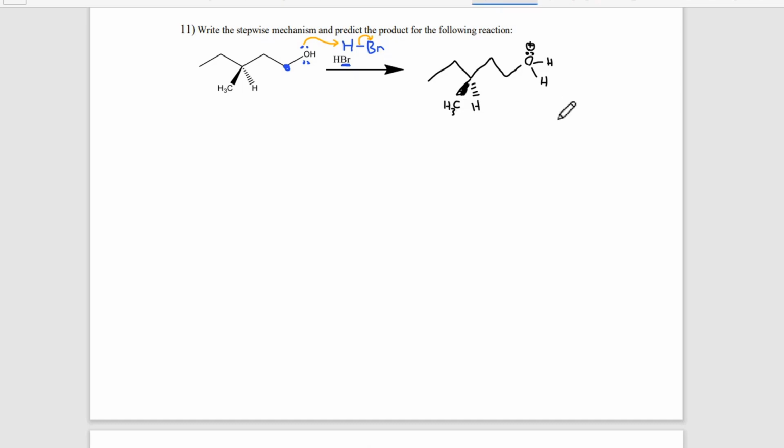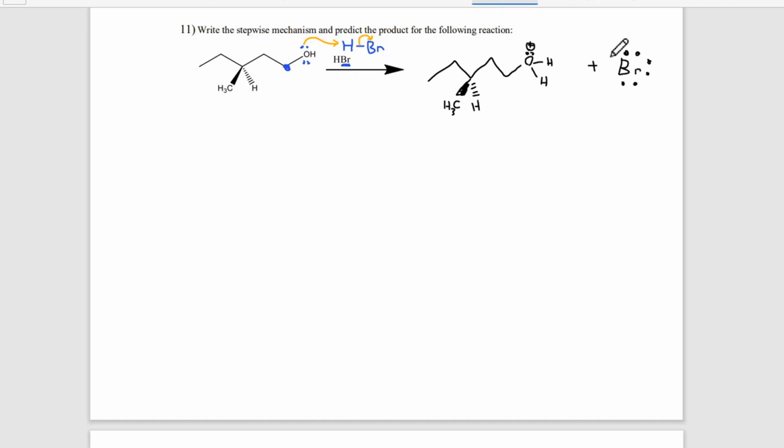All right. So now what do we do? Is this going to leave on its own, or what's going to happen here? Hydronium could be added, or the bromine's going to attack now?